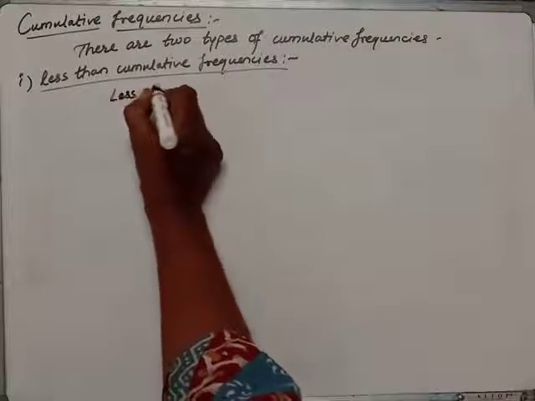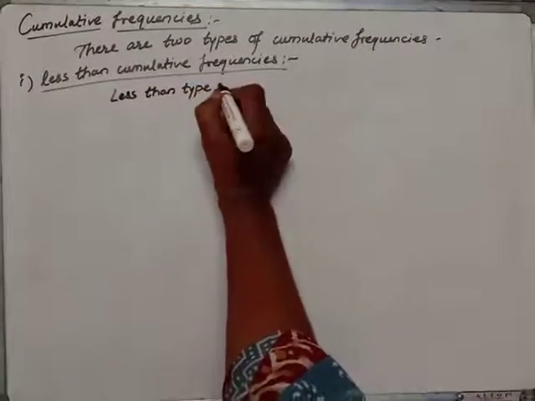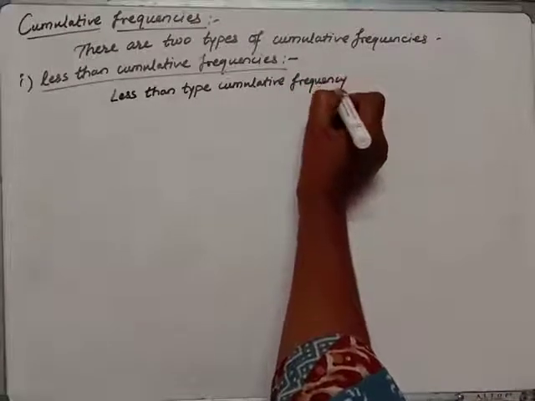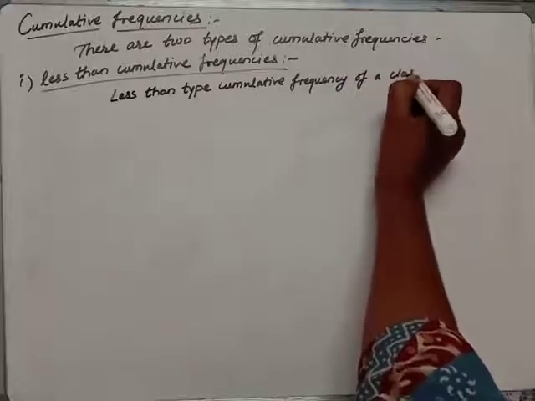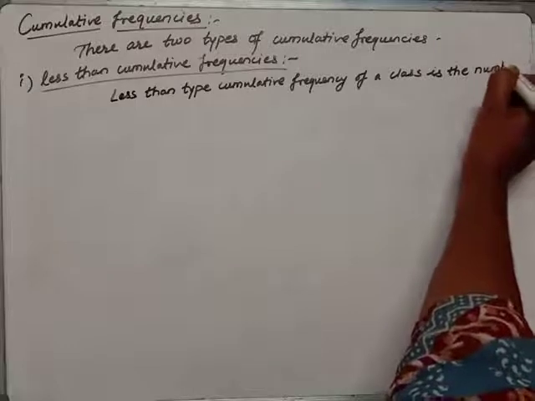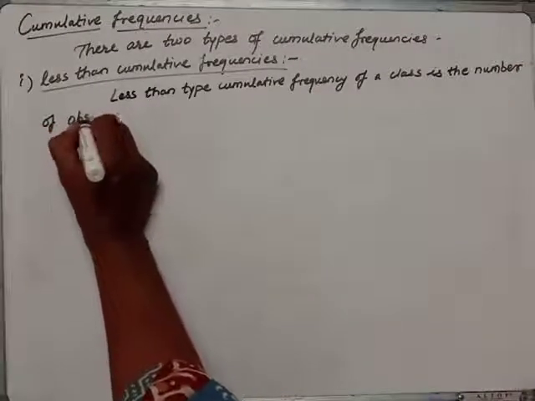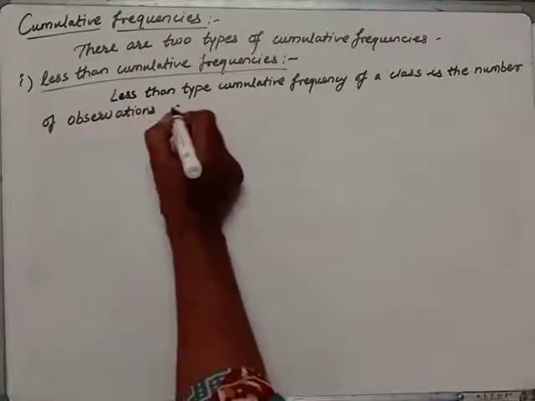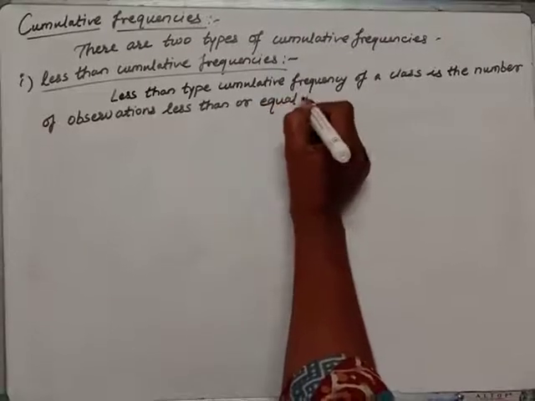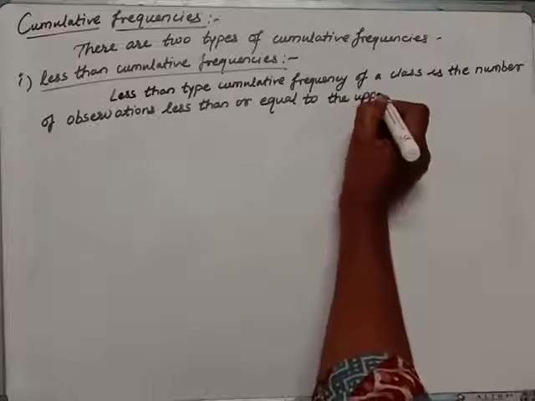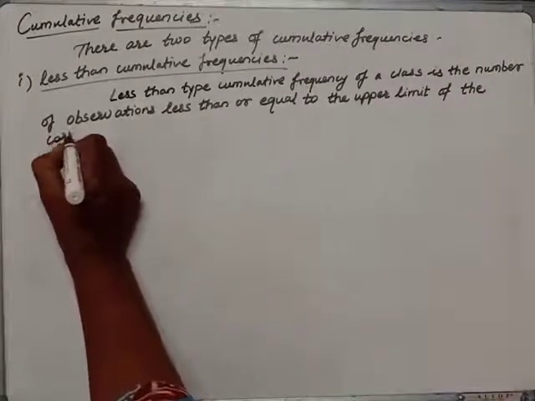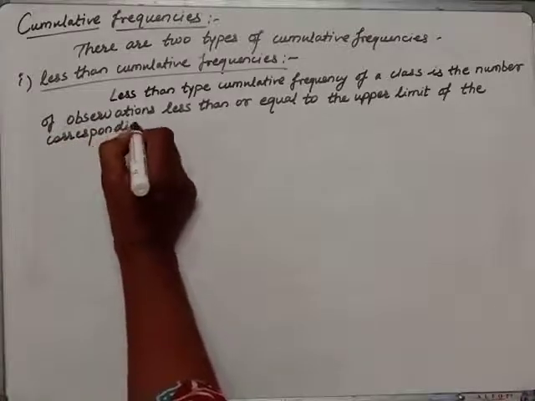Less than type cumulative frequency of a class is the number of observations less than or equal to the upper limit of the corresponding class.